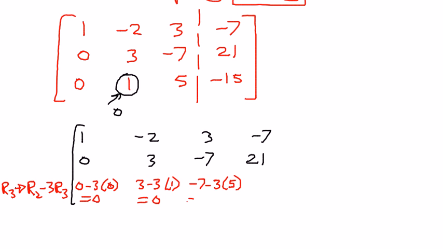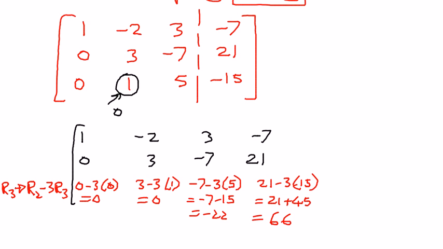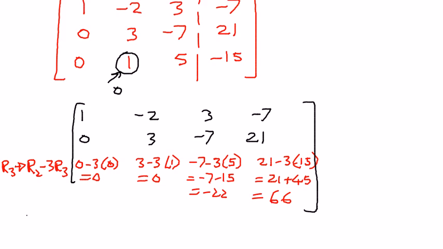So this is going to be minus 7 minus 15, which is equal to minus 22, and then we have 21 minus 3 times minus 15, so this will be 21 plus 45, and this will be equal to 66. So this is how we have used these row operations to arrive at this particular step.